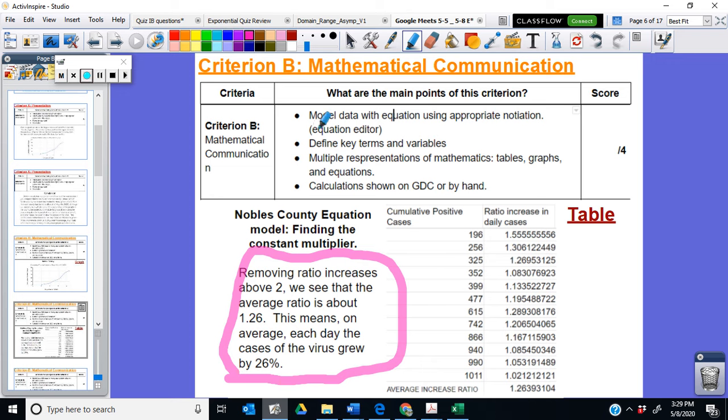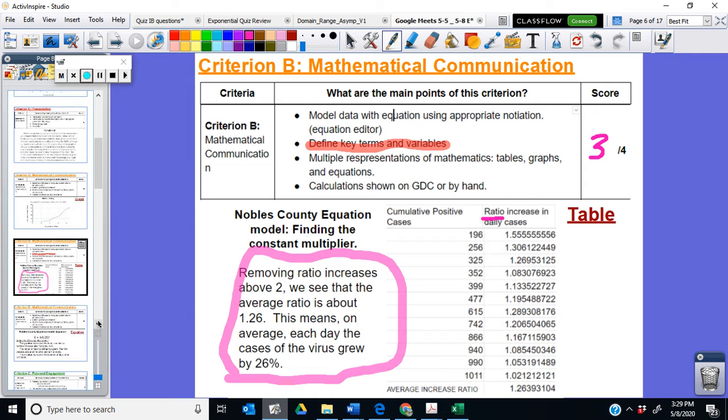But I did not at all define key terms and variables. And so when you look at the grade, I think I gave myself a 3 on this one because I didn't define what is an equation model, what is a constant multiplier, what is this ratio, what do those represent? Be very clear about those.